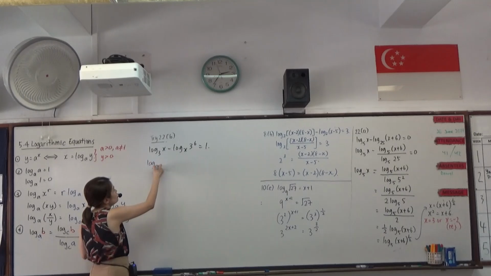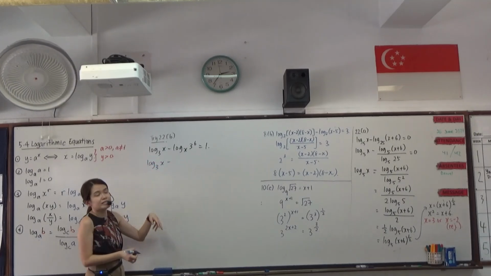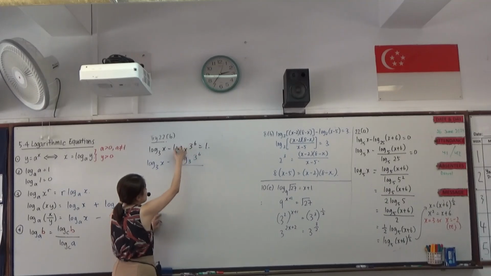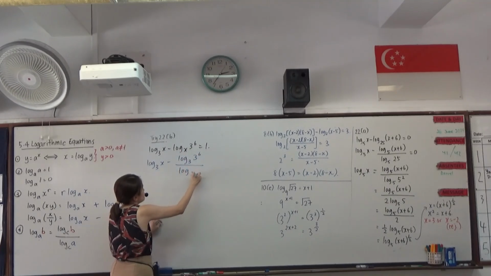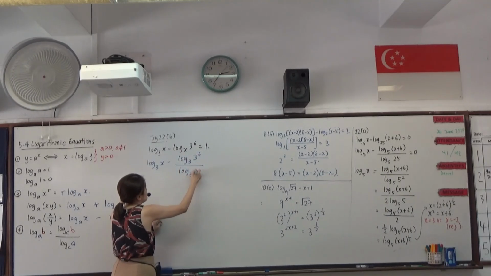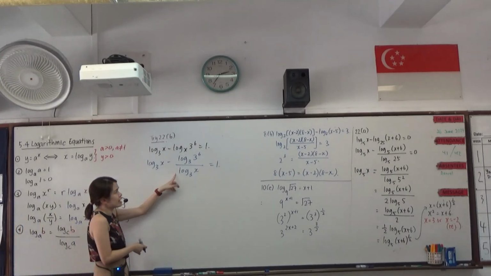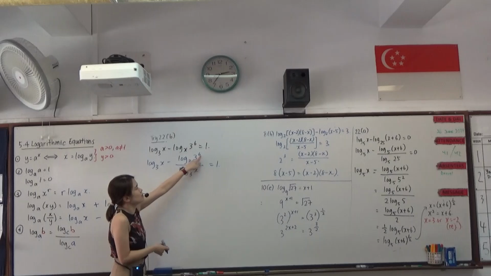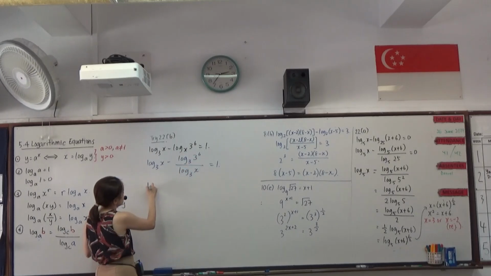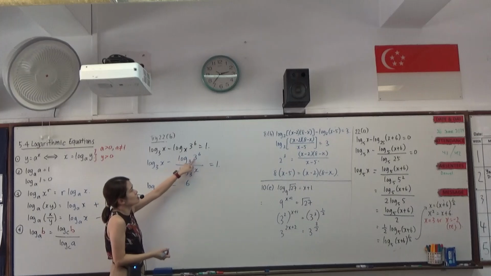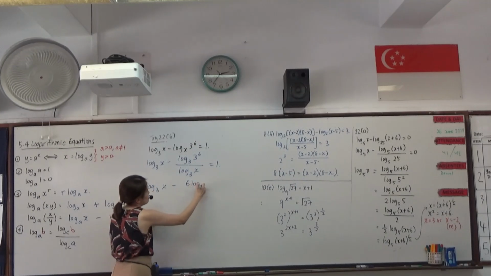So what you could do is to change to a base of 3 for the logarithm on the right side and arrive at this. Because once you get this, for this log 3 to the power 6 base 3, I can simplify it into just 6 itself, because log 3 base 3 is 1.